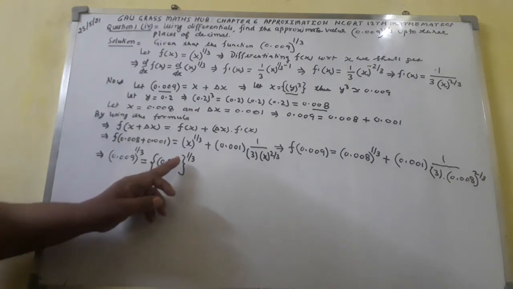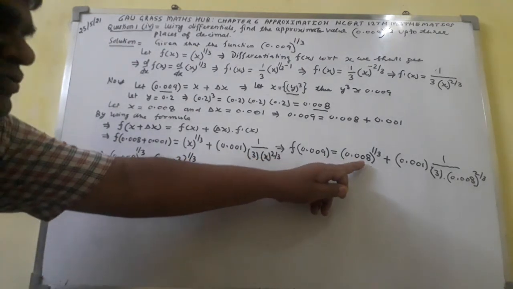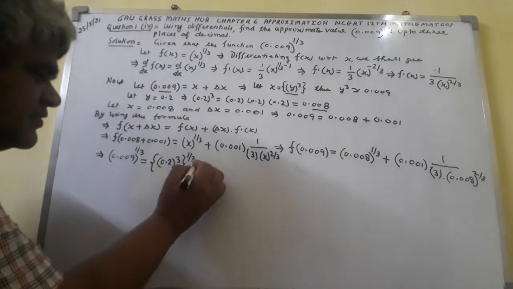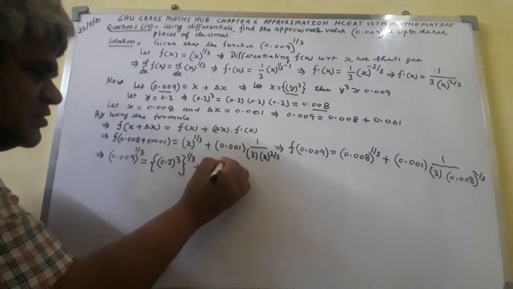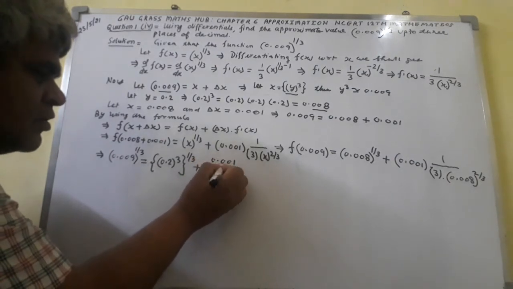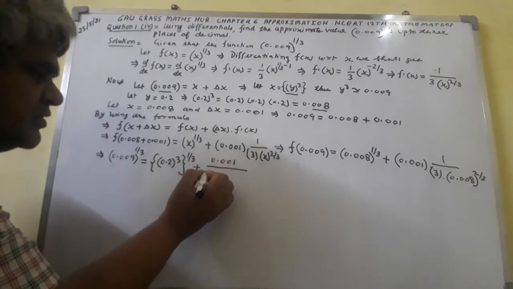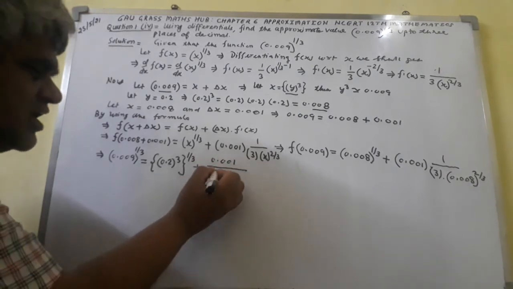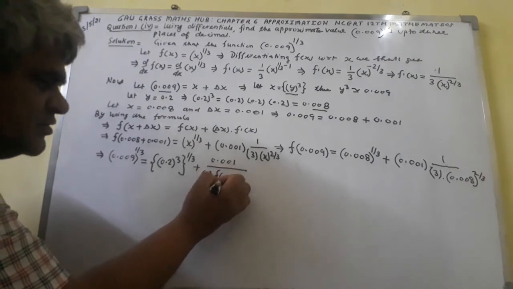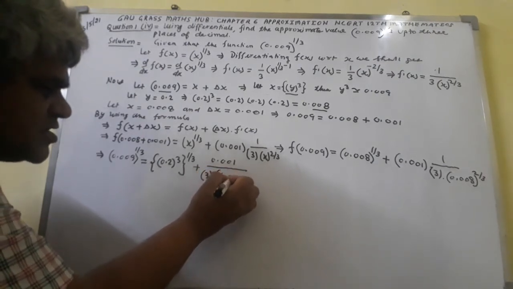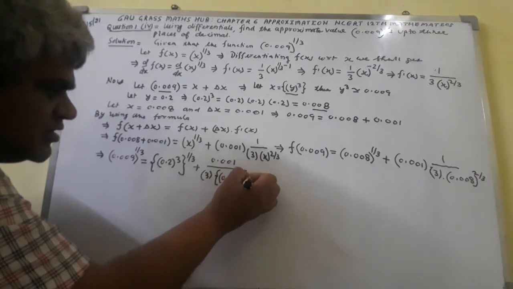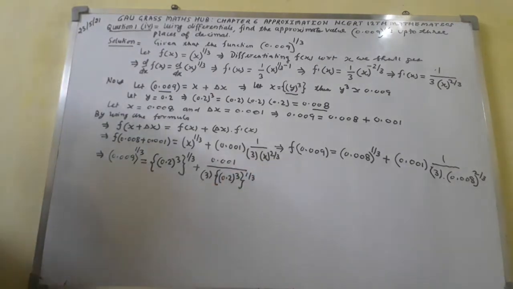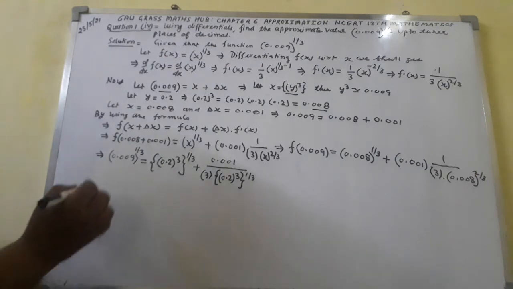0.2 whole cube comes out to be 0.008, plus 0.001 whole over 3, again I shall write, open curly bracket, 0.2 raised to power 3, whole raised to power 1/3. What to do next?